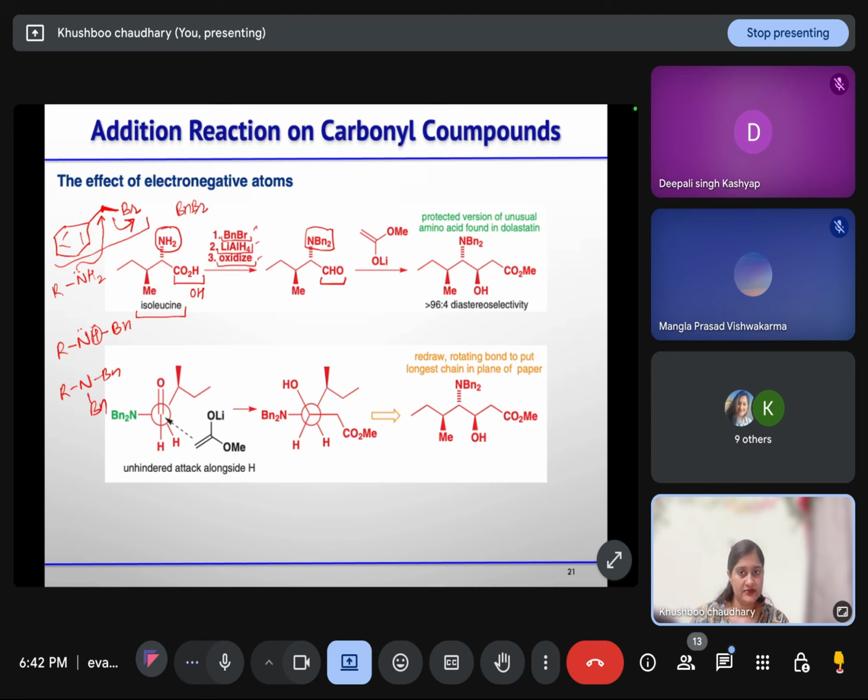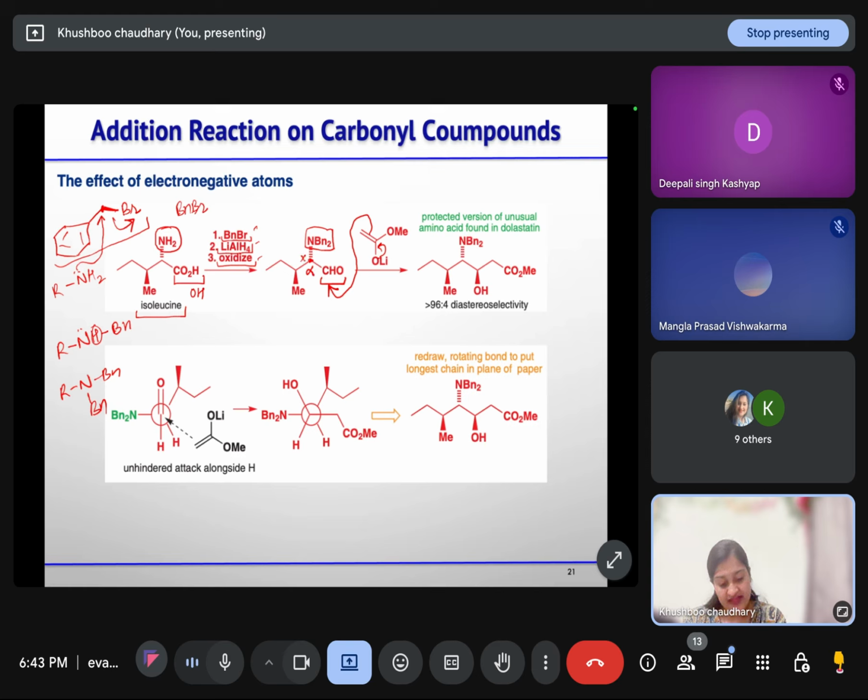Clear? Okay. So now we have aldehyde, and if we treat it with this lithiated enolate, electrons will fall here. It can attack on the aldehyde, and you will get alcohol. Now again, on the alpha position of your aldehyde we have a chiral center.